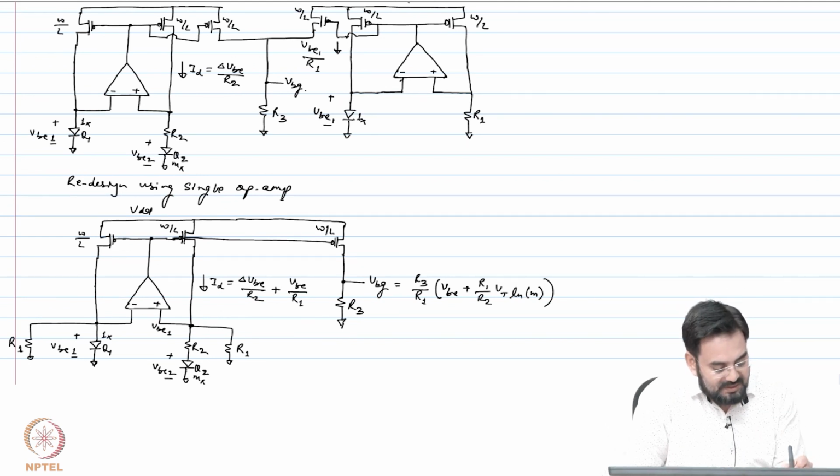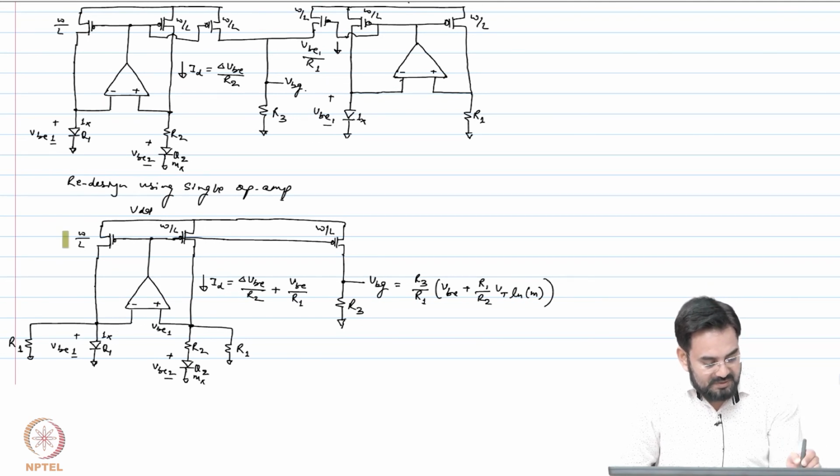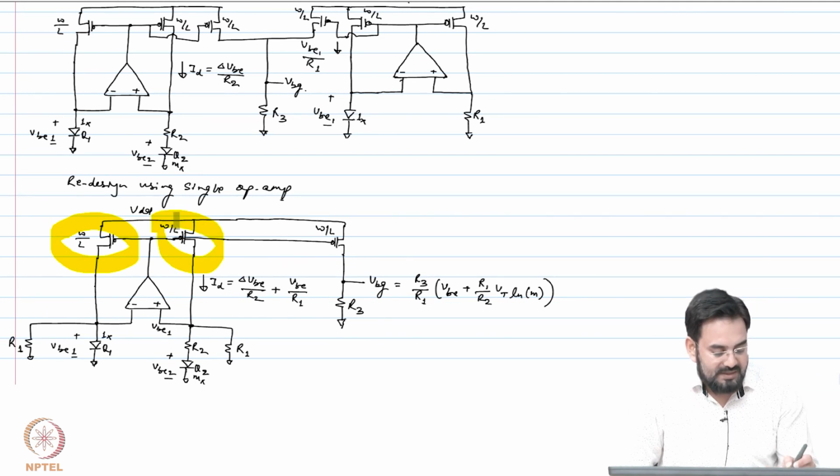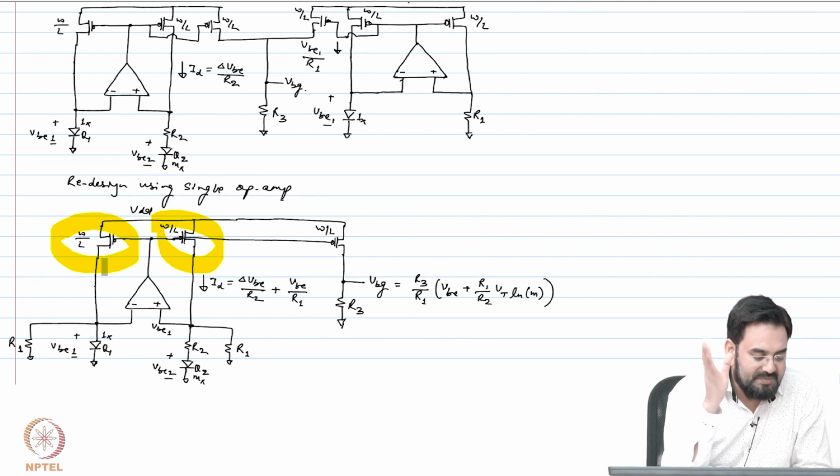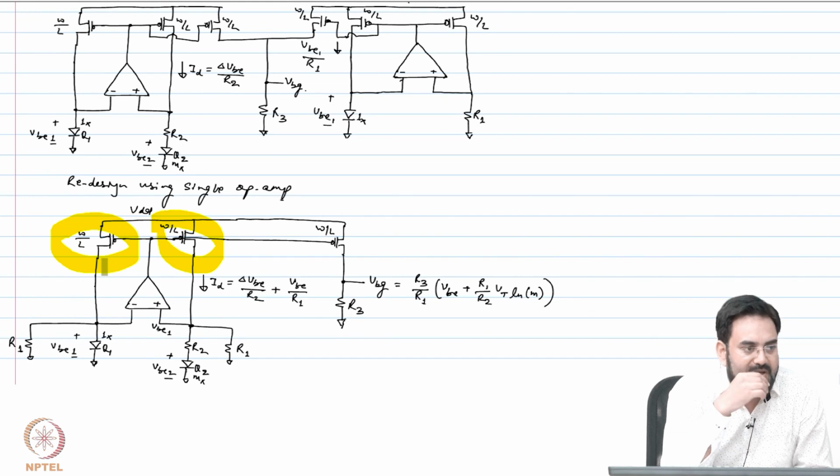So this guy is the drain of other two PMOS which are directly connected to the diode side. So basically these two, this guy and this guy, they are seeing almost same VDS, because this is VB and other side is also VB due to negative feedback of this op amp. So what you see, VDD minus VB is the VDS.